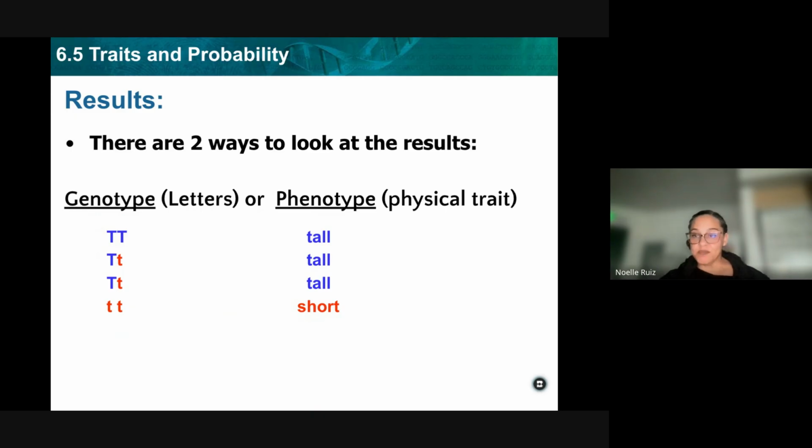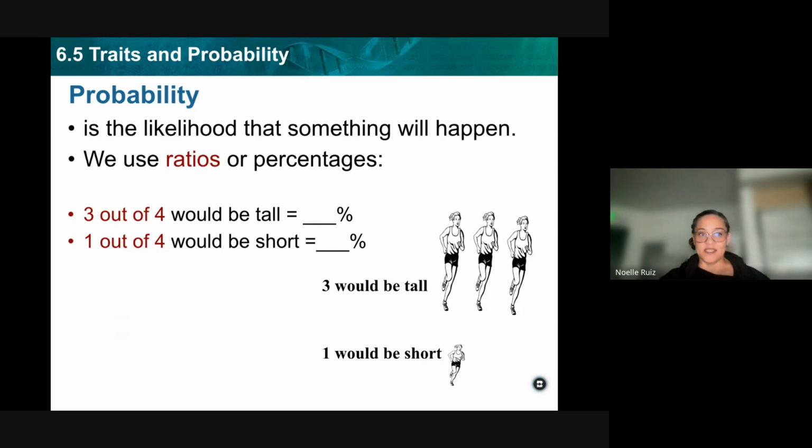I can ask you, what is the probability that child will be short? And that is 1 out of 4. If I gave you 1/4, how much money would you have? And that leads to the next one.